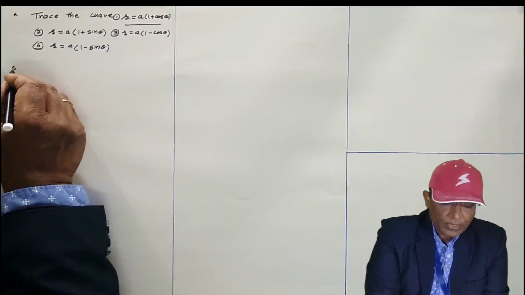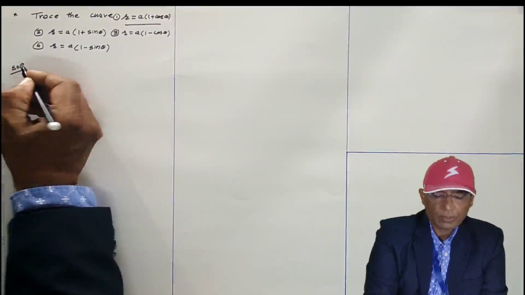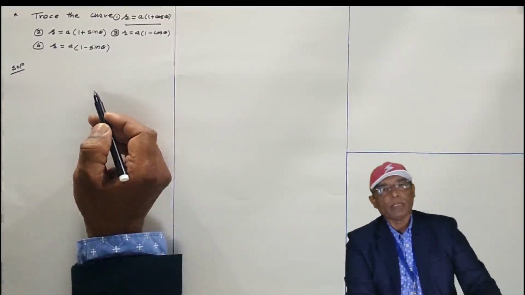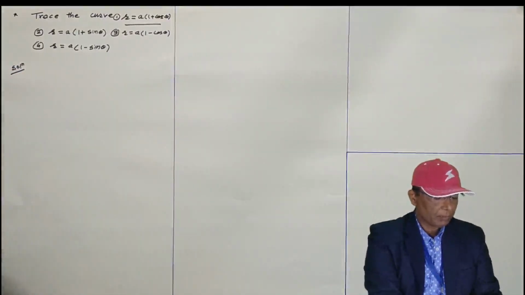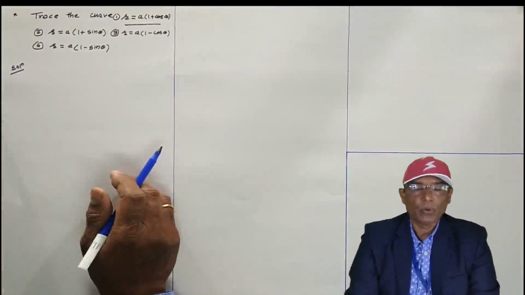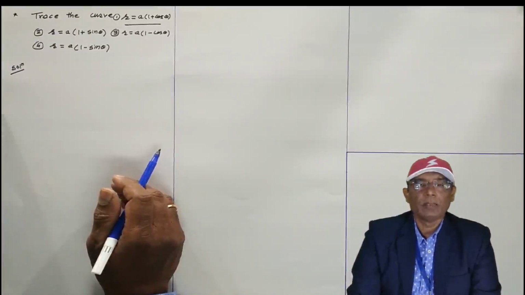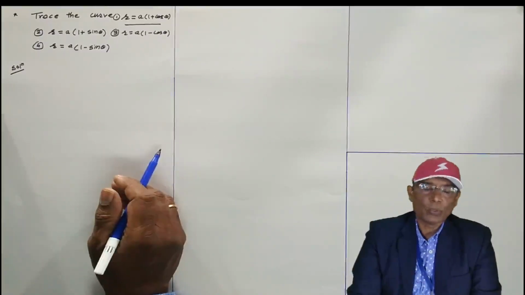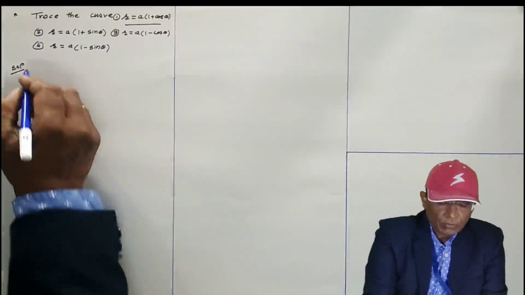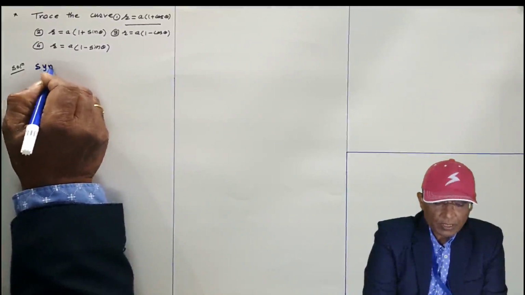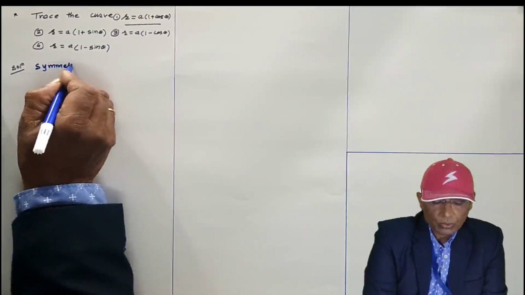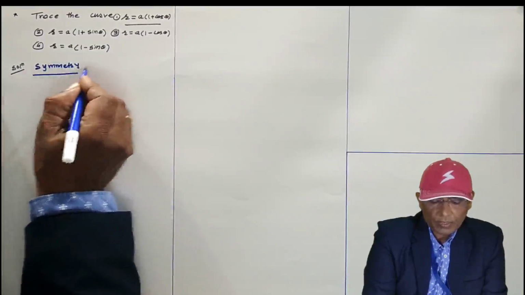See, when you trace the curve, you have to go through the points: symmetry, then whether it passes through the pole or not, and if it passes through the pole, then the tangent at the pole. All those things you have to find. So what about the symmetry of this? I am going to solve the first problem.